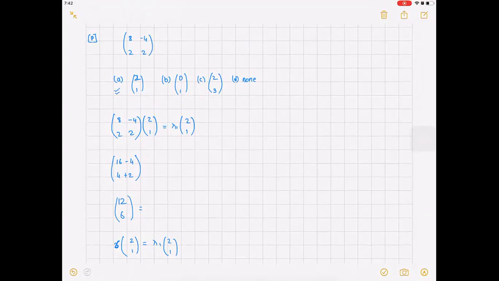The corresponding eigenvalue is 6, but it is not asked in the problem. So this is how you can find it. If you go and try this for choice B, you will not get similar results.